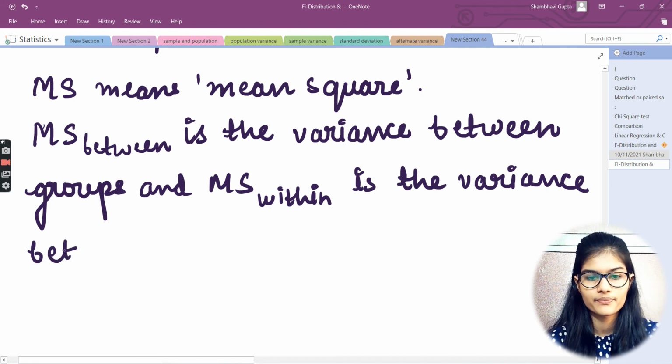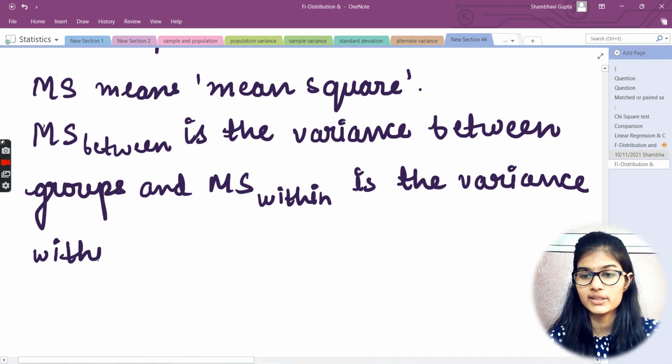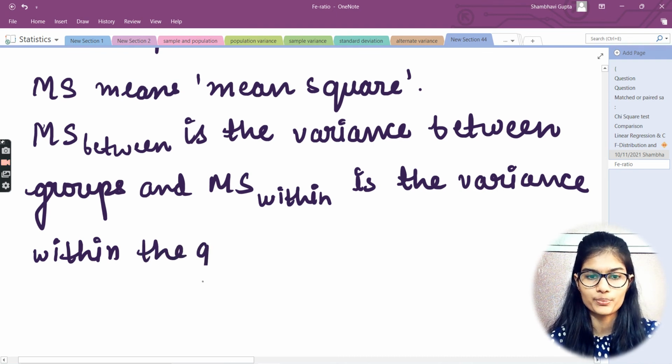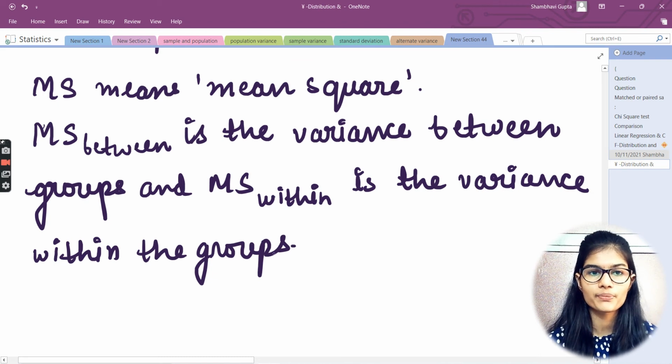Sorry, not between, it is the variance within the groups, because between is almost finished up, as we discussed it above. So MS within is the variance within the groups. That was about MS, the mean square.